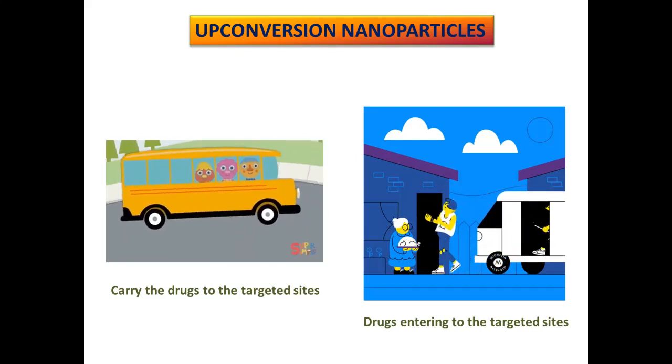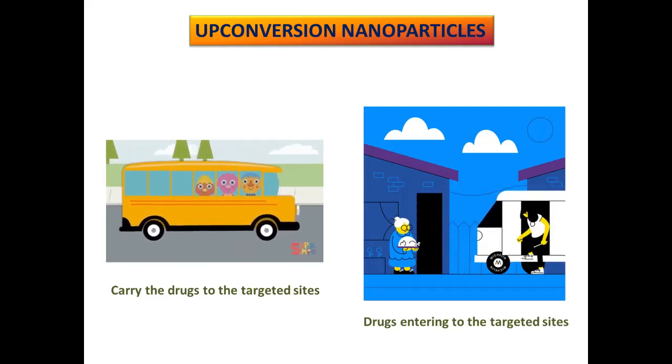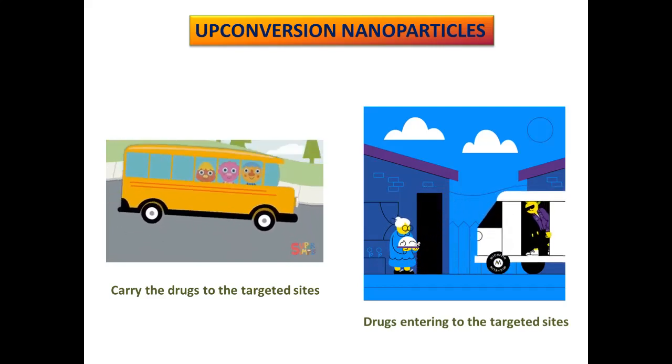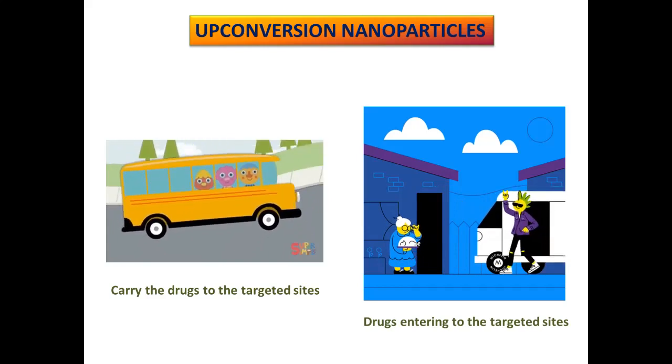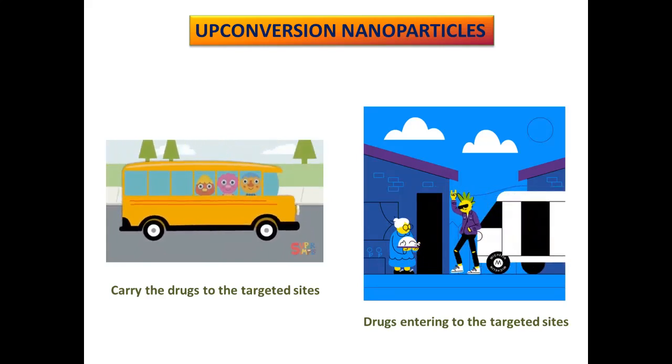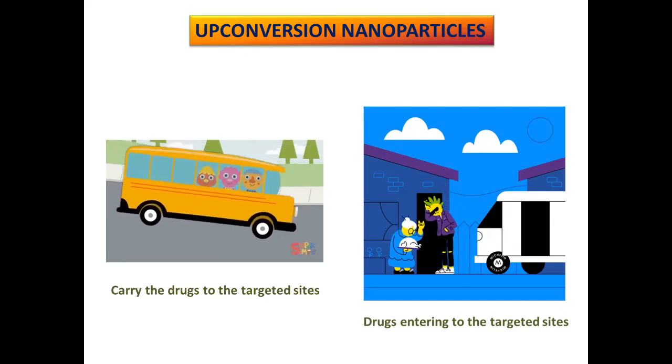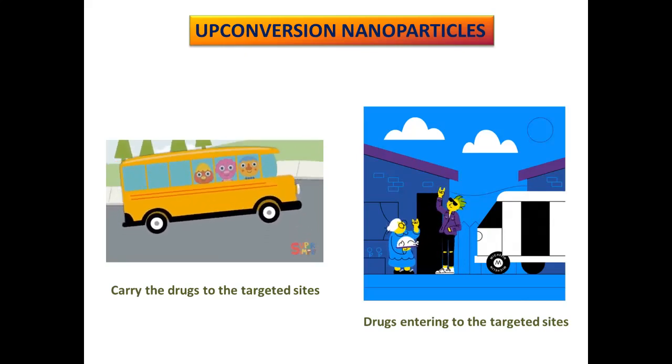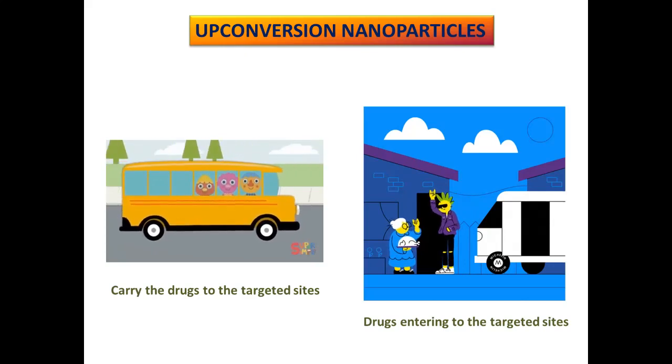The use of nanoparticles here is they will carry the photosensitizers to the particular site so that they can get attached to that particular cancer cell, and when light is irradiated, they can carry out their mechanism easily.